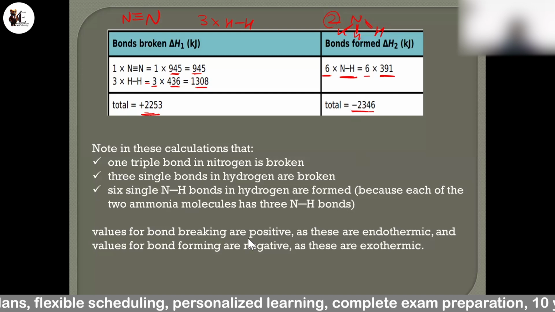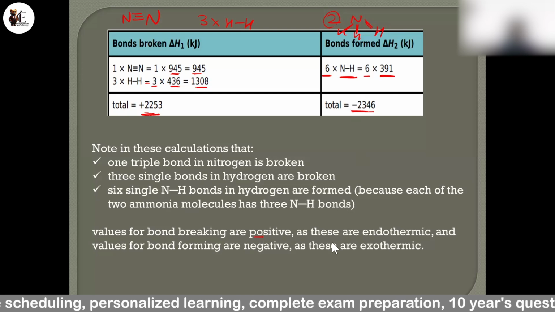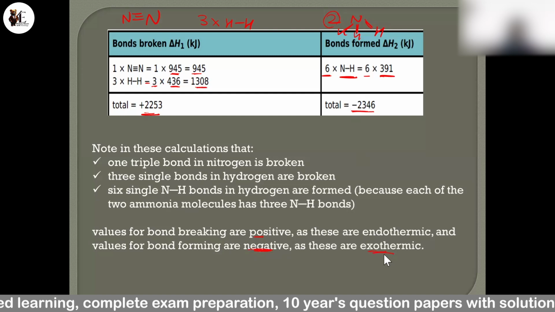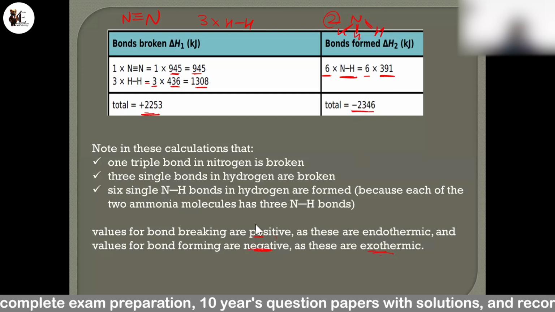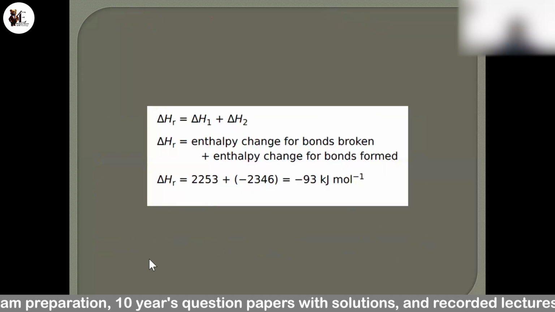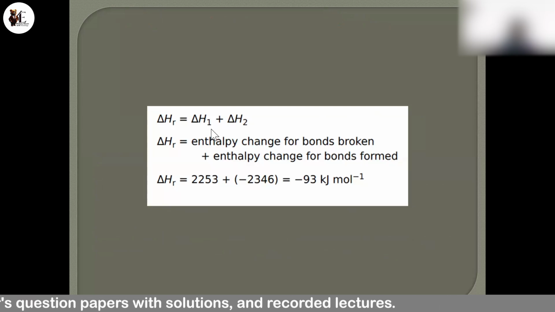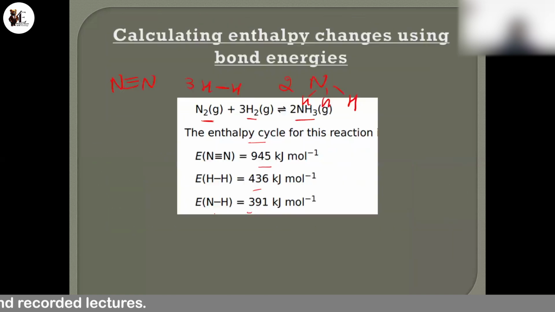The values for bond breaking are positive as these are endothermic, and bond forming are negative because they are exothermic. Energy is released. Then you just add both these enthalpies, delta H1 plus delta H2: the enthalpy change for bonds broken and the enthalpy change for bonds formed. Then you get the value of enthalpy change for the reaction. Is it clear?